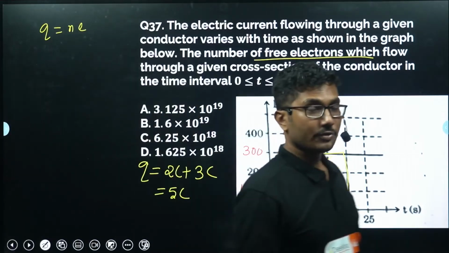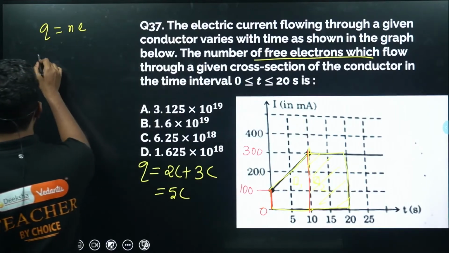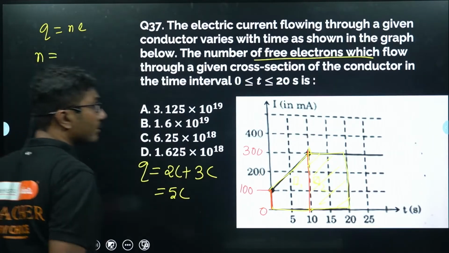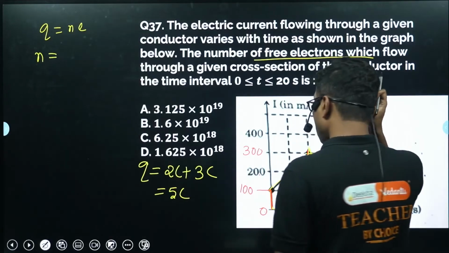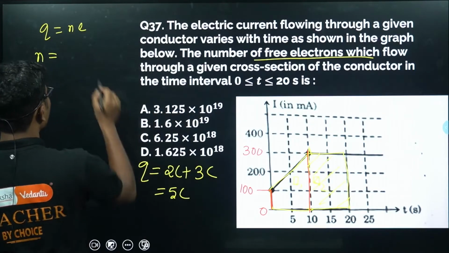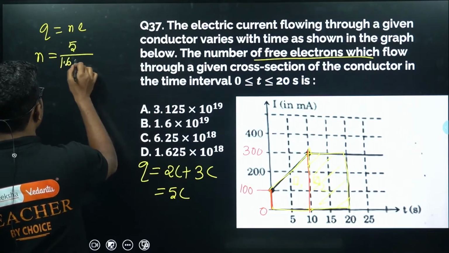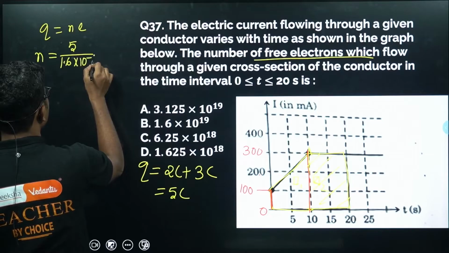From the quantization of charge we know that Q is equal to N into E. Here we have to find the number of electrons that has flown through the circuit. So what is the value? Q is given as 5 coulomb and E is 1.6 times 10 to the power of minus 19.